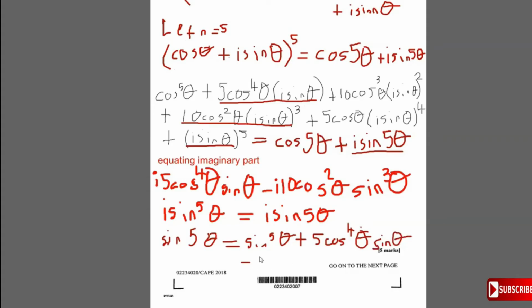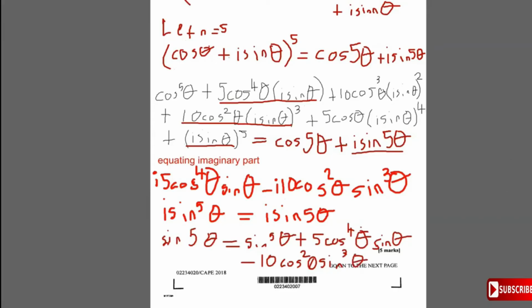Then you put minus, and dividing through by i, you get minus 10 cos square theta sine cube theta. And that's your right hand side. That proves it.